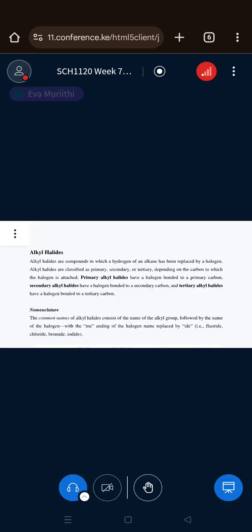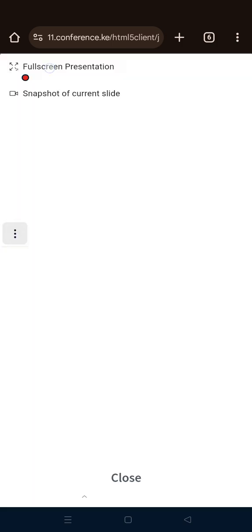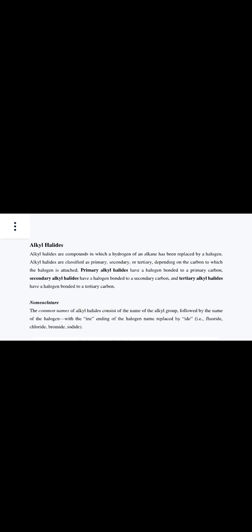When you read my notes, kindly read the part on common nomenclature to appreciate it. But up until you get to year three of your studies, that's when you'll be allowed to use common names for some of these organic molecules. But in year one and year two, we strictly maintain the IUPAC system of naming. So you can read it.